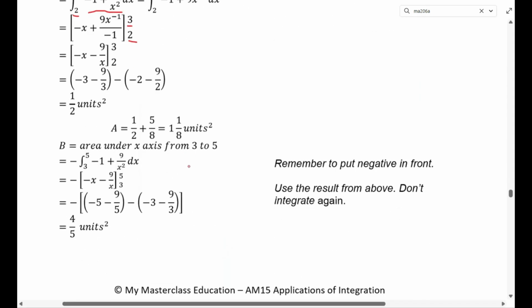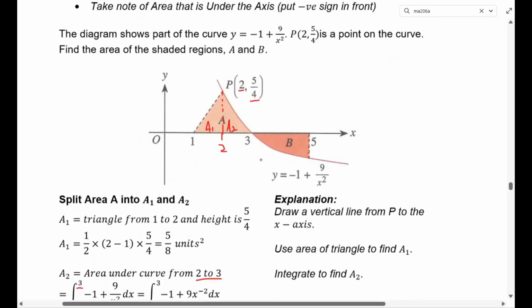Now for area B, we are integrating from x equals 5 to x equals 3. However, you will notice that area B is underneath the x-axis. So as mentioned before, when the area is under the x-axis, we have to add a negative sign or modulus to ensure that the area we get is a positive area.